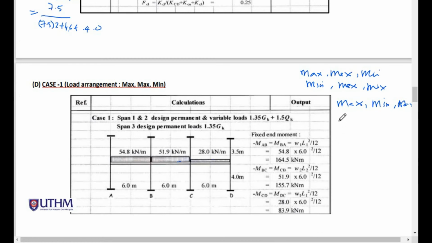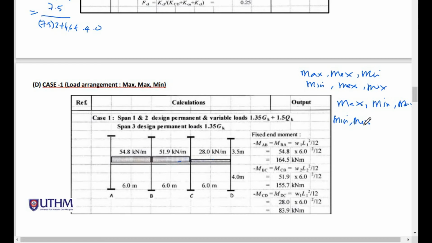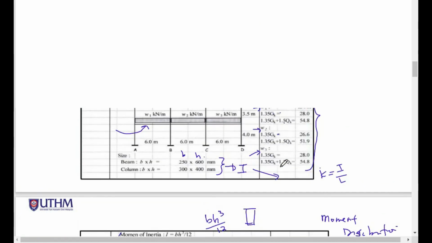And the fourth case is minimum, maximum, minimum. The first case is maximum, minimum, maximum. And this value, for each span, has been calculated here.